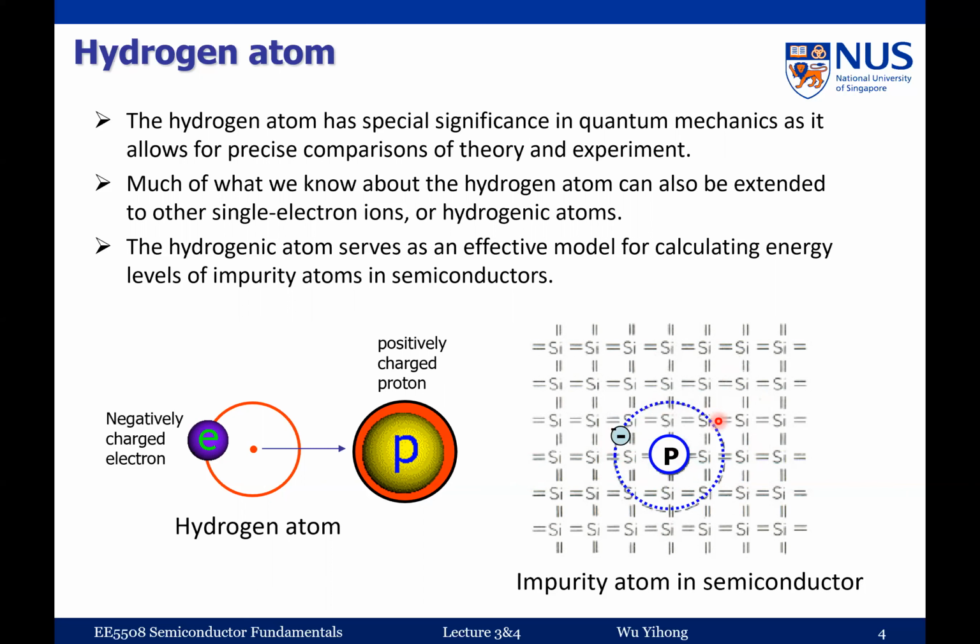This situation is very similar to a hydrogen atom, although it's different. However, we can use the same quantum mechanics concept to find out the binding energy of this extra electron. This means how easy is it for this electron to become a free carrier?